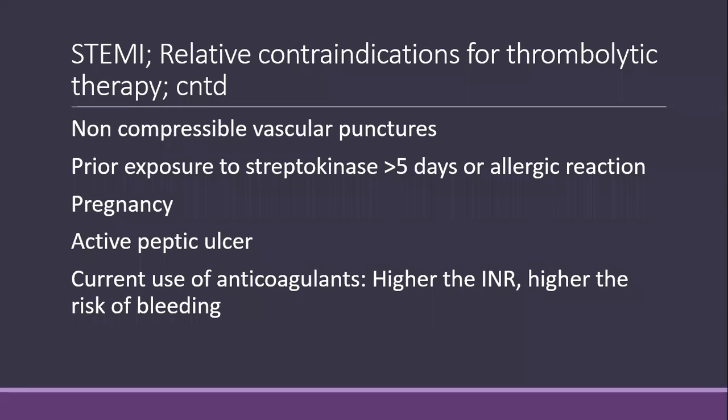Pregnancy is a relative contraindication. Active peptic ulcer disease is a relative contraindication. And current use of anticoagulation: the higher the INR, the higher the risk of bleeding. If a patient has an INR less than 2, it does not pose any problem, but with an INR more than 5, there will definitely be the risk of hemorrhage, which can be internal, intracranial, from anywhere.